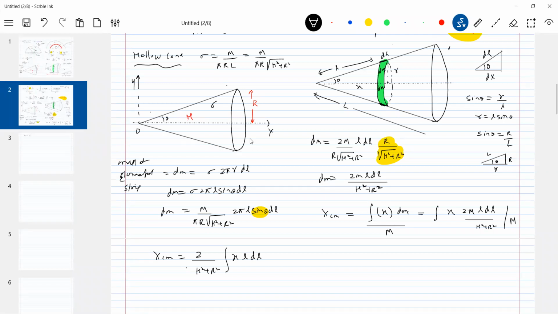So what we can do is either replace L or x. Let me replace x, and I'll integrate 0 to capital L. Later on I'll substitute the limit. So how to replace x now? Cos theta. So I'll take help of the formula: cos theta equals x by L, so x equals L cos theta.